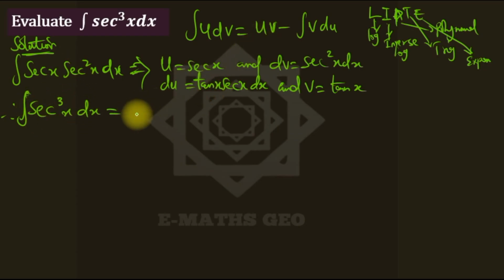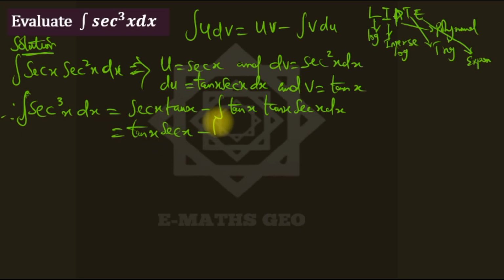Our u is sec x and our v is tan x, minus the integral of v, which is tan x, and du, which is tan x sec x dx. So let's write tan x sec x minus the integral of tan squared x sec x dx.